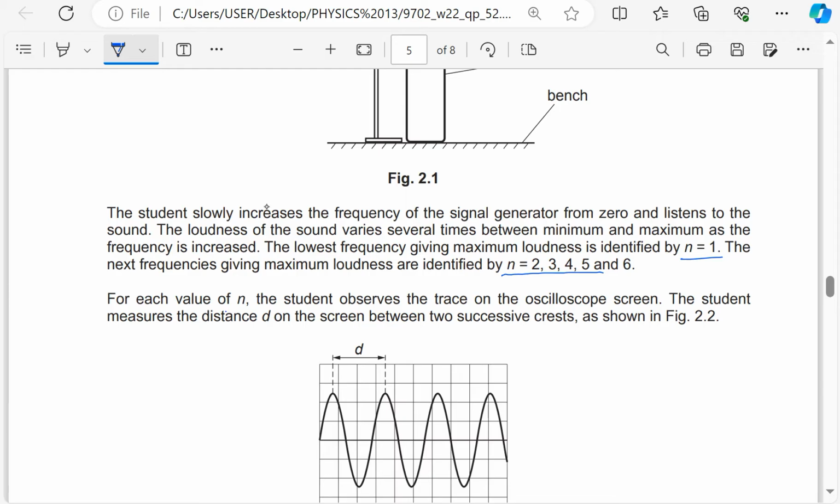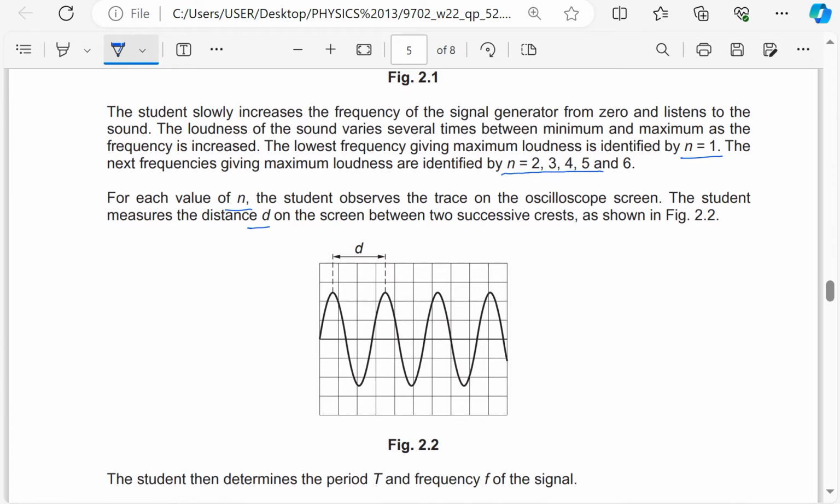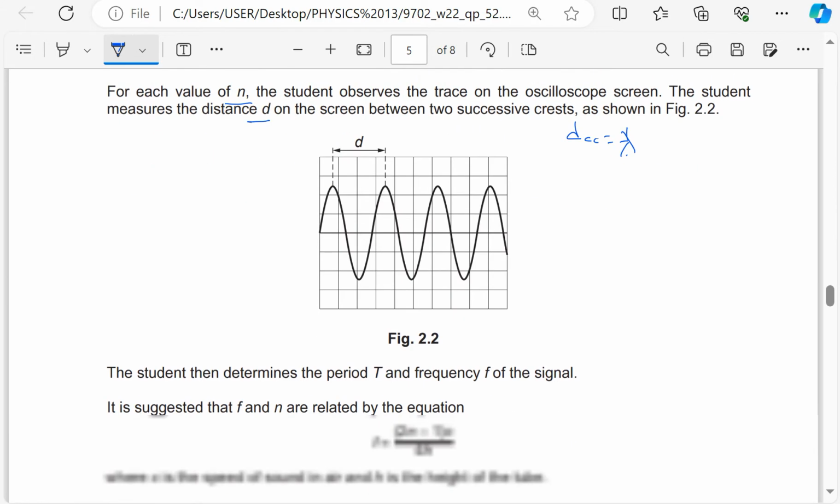For each value of n, the student observes the trace on the oscilloscope screen. The student measures the distance d on the screen between two successive crests. Okay, d is the distance between two successive crests. Of course, the distance between two successive crests is most likely going to be the wavelength.